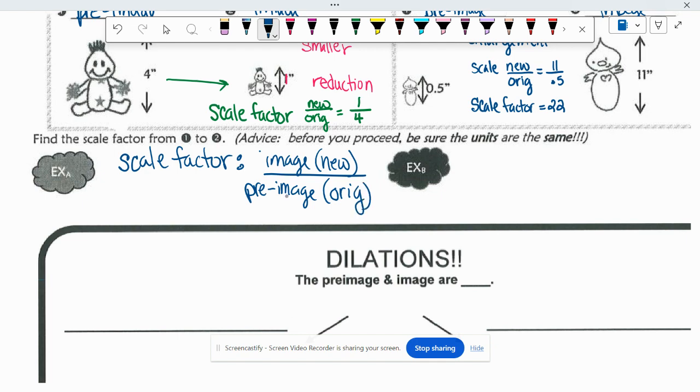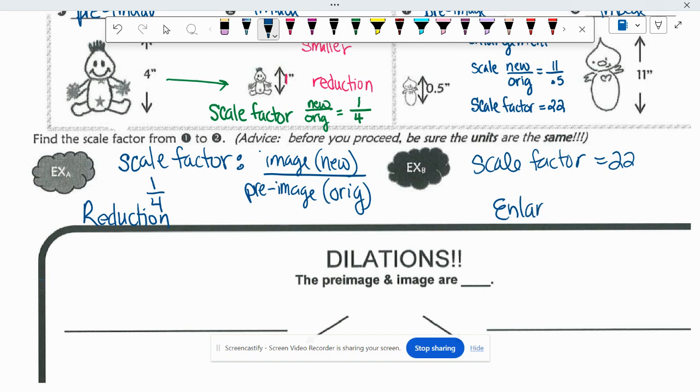When the scale factor, like in our first example, is less than 1, you have a reduction. Okay. In our second example, our scale factor was 22.